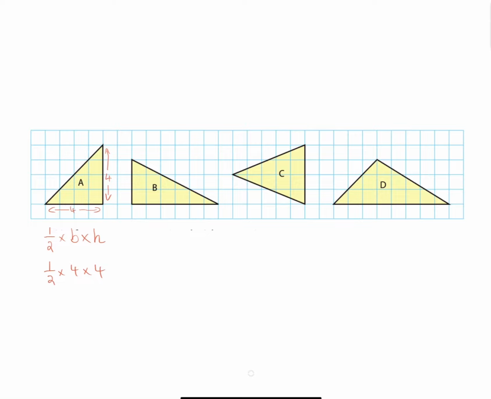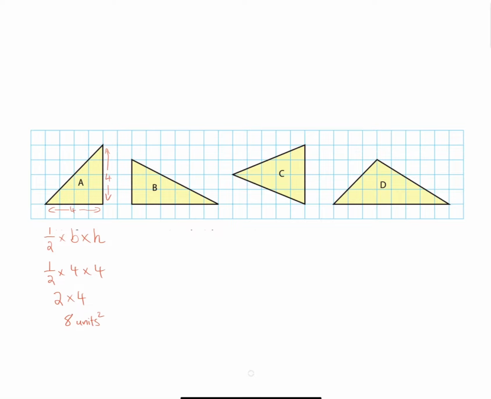So if I multiply 4 by a half, I'm dividing 4 by 2. So you're left with 2 multiplied by 4, because a half multiplied by 4 is 2. Because if you think about it, 4 halves together are 2, okay? And then it's 2 multiplied by 4, which is 8. And that's just, we'll call it units squared.